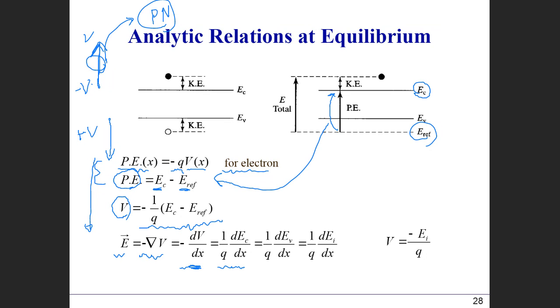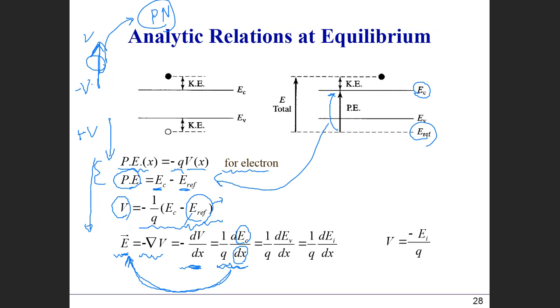Here, E reference is a certain constant energy level, so when we take the derivative in terms of the x direction, this is going to be 0. So if you look at this relationship carefully, when the potential has some variation in terms of position, then we're going to have an electric field.